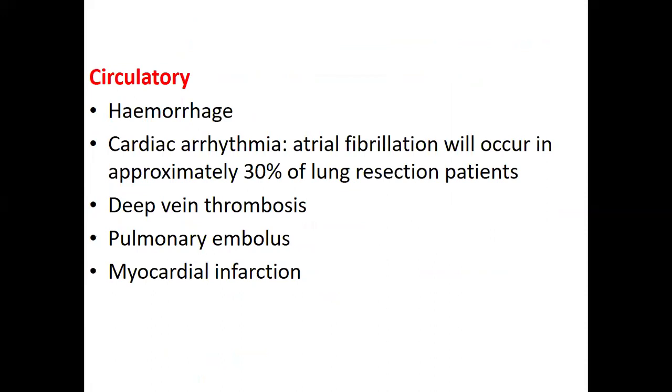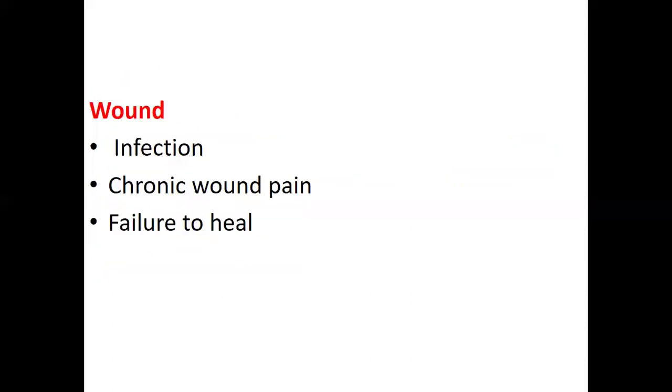Circulatory, if the problem is circulatory, it can bring about deep vein thrombosis, myocardial infarction, or emboli. Arrhythmias can also arise. Atrial fibrillation will occur in approximately 30% of lung resection patients. So with that high number, you really have to be alert on that one and see to it that it is prevented.